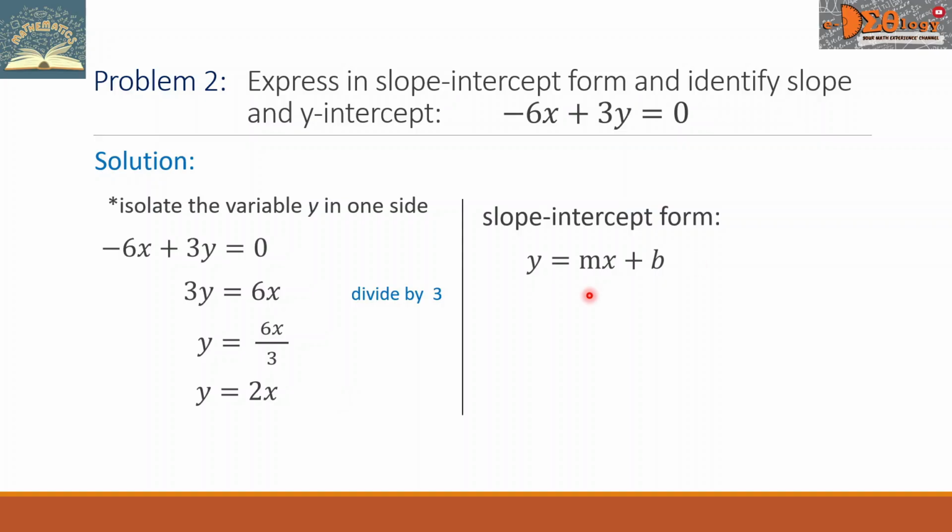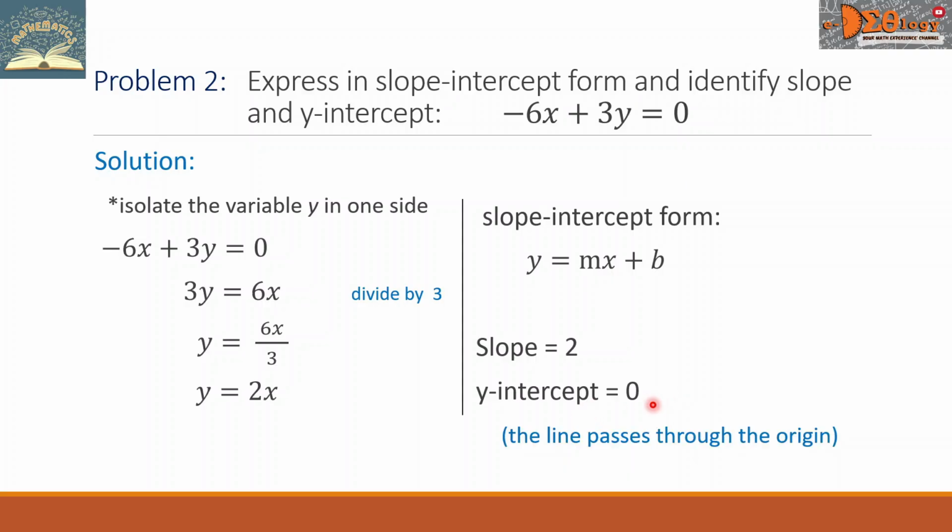By this form, we can get the slope, and that is the coefficient of x. So the slope is 2. For the y-intercept, there is no constant here. That means the y-intercept is 0. Remember that when the y-intercept is 0, it means the line passes through the origin.